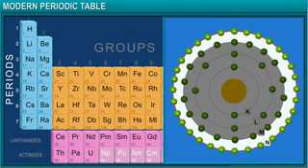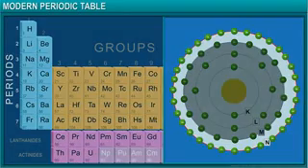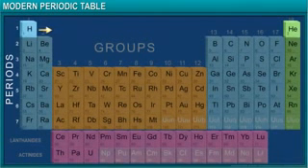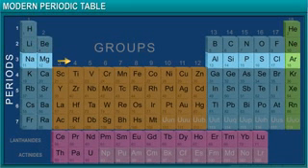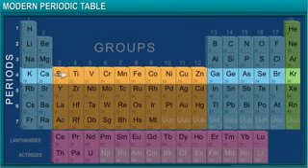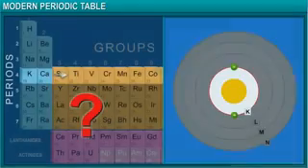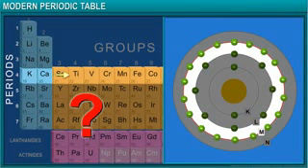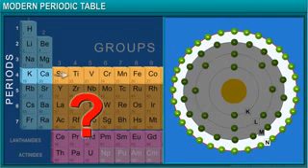Let us see how many elements are present in different periods. For example, first, second, third, and fourth periods. This can be explained on the basis of how many electrons are filled in various shells.